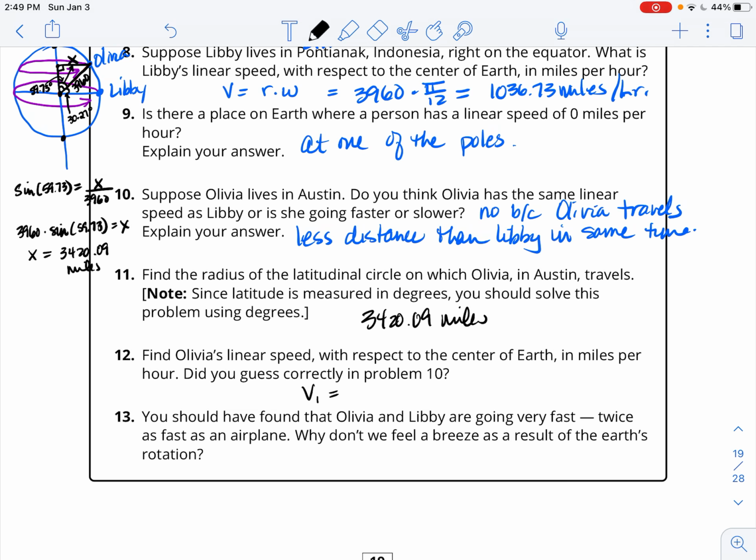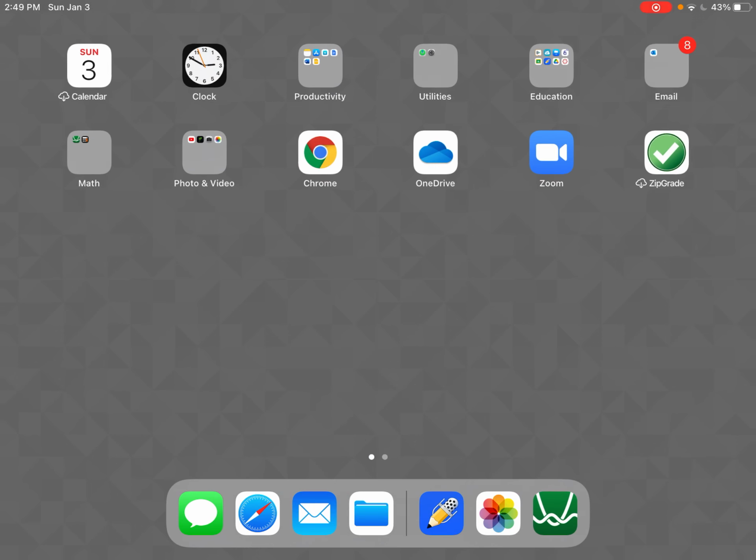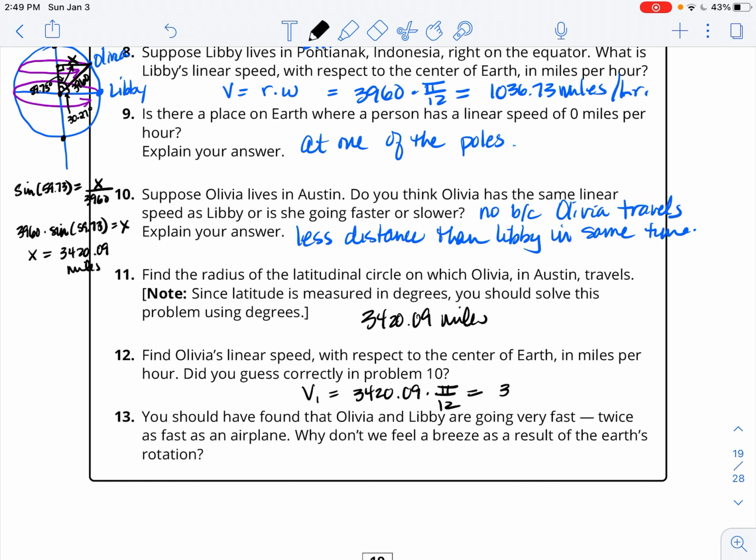Linear speed is equal to radius times omega. And if I calculate this out, 3420.09 times pi over 12, I think I already did that, is 895.37 or 38 miles per hour, approximately.